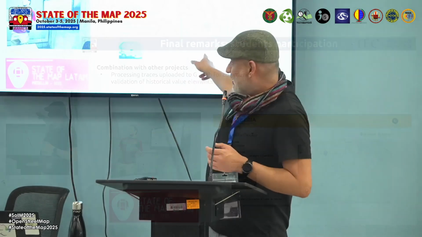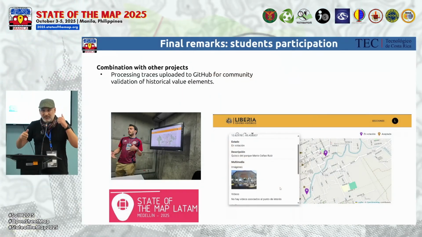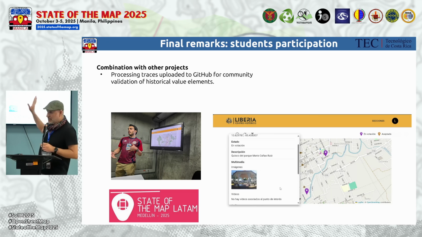The GitHub repo processes the trace and presents it in this map, so other people could vote if that is interesting or not for this purpose. I think this project could also be customized to other purposes, but the workflow is still the same. You can use OSMTracker, upload to a GitHub repo, do whatever you want, and then present it in a map for whatever purpose you need.